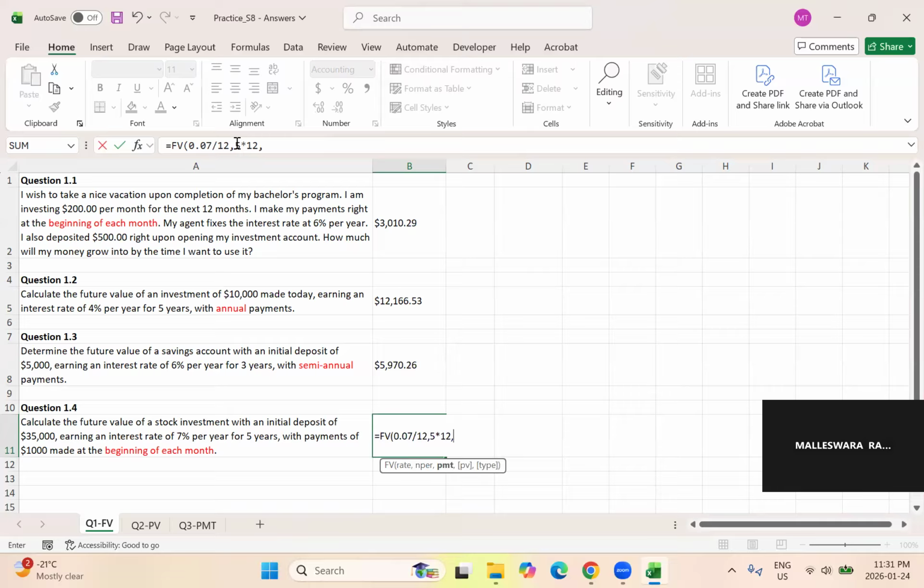And payments made, 1,000 at the beginning of each month, minus 1,000. That's the payment. The present value is minus 35,000, beginning of each month. So that's it.